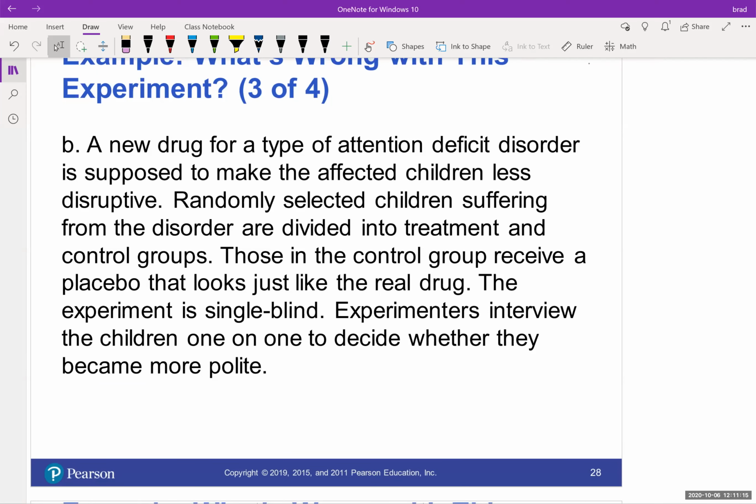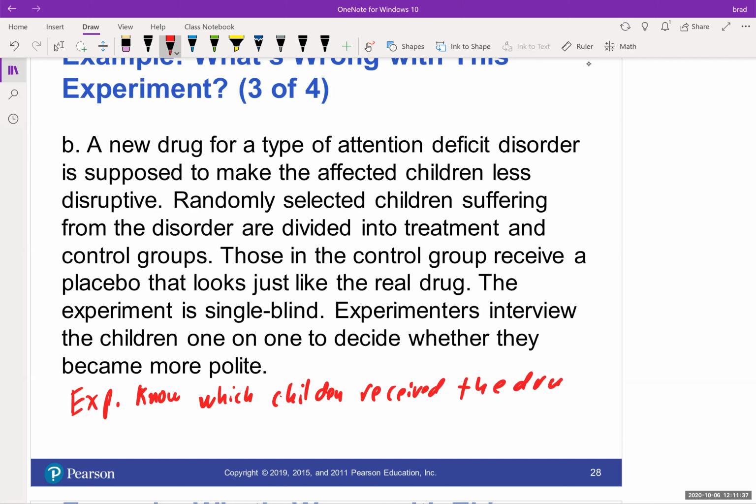Because the experimenters know which children received the drug, it might influence what they think. So that's a problem.